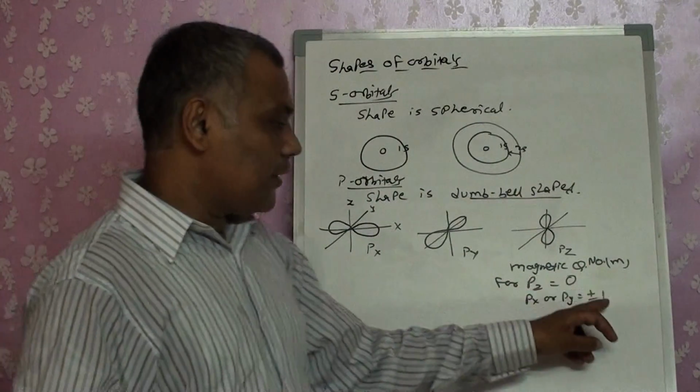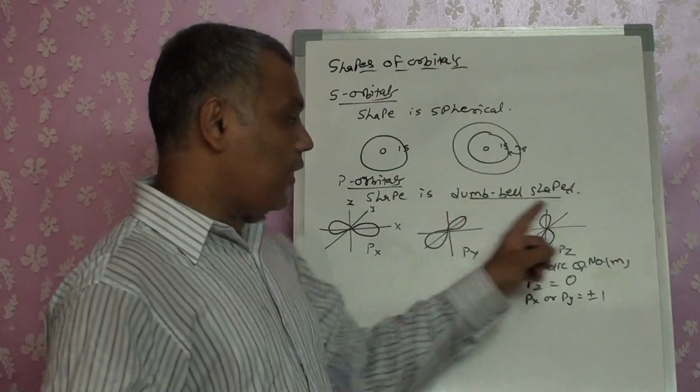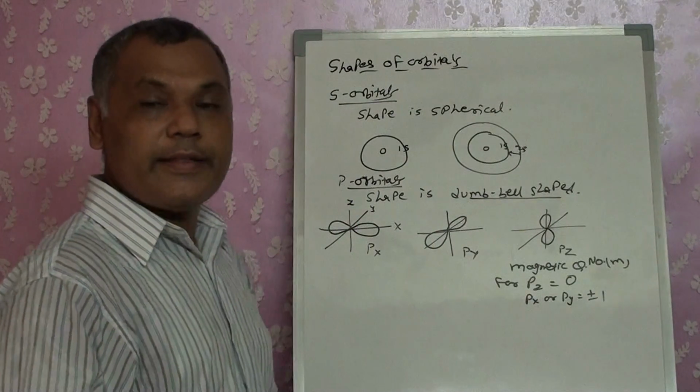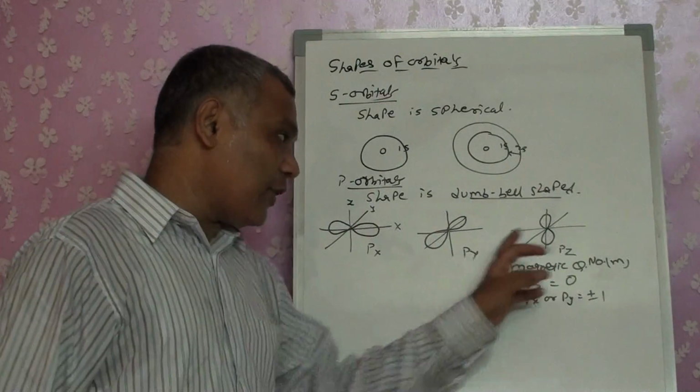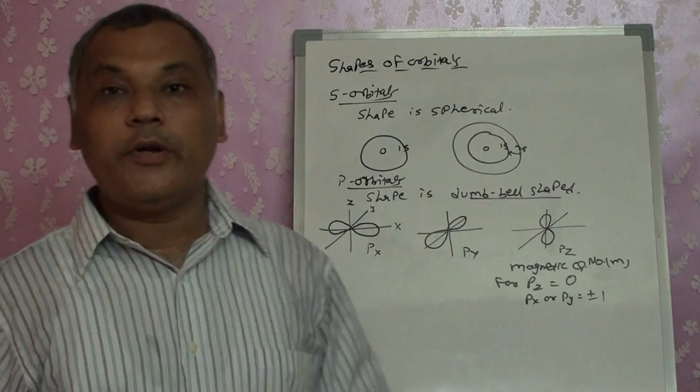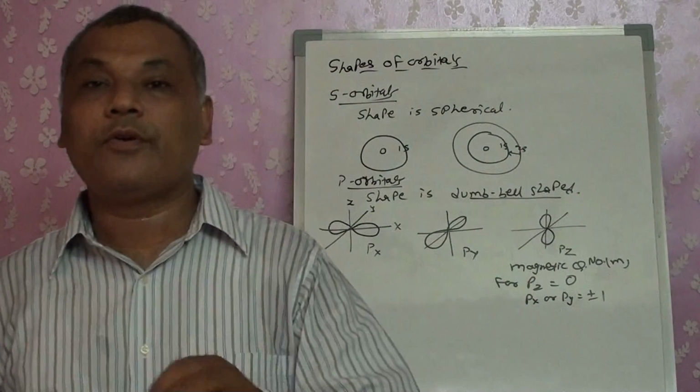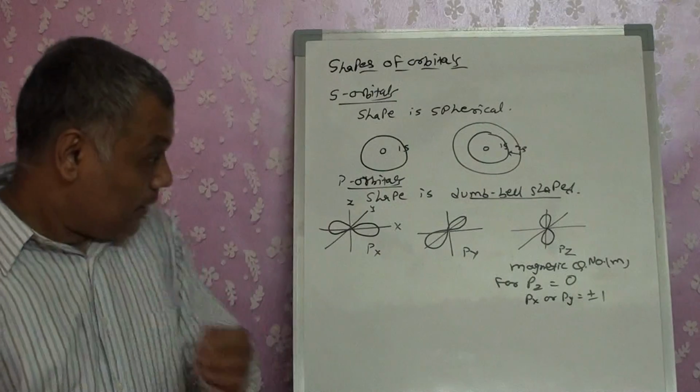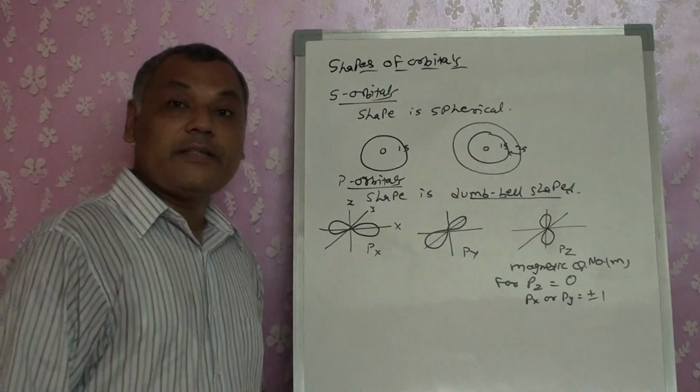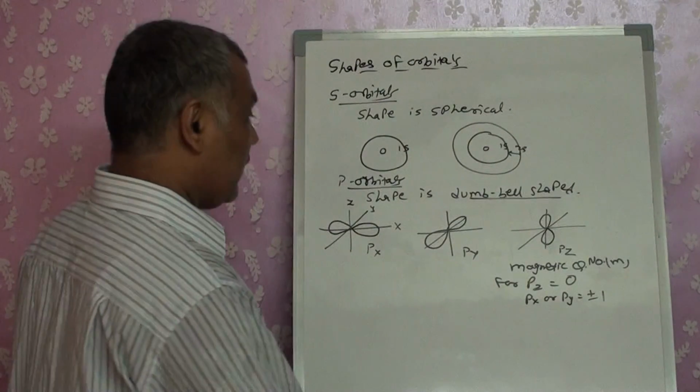So we got three different values, three different orbitals, and the names were written as px, py, pz because the probability of finding the electron was maximum onto that axis.